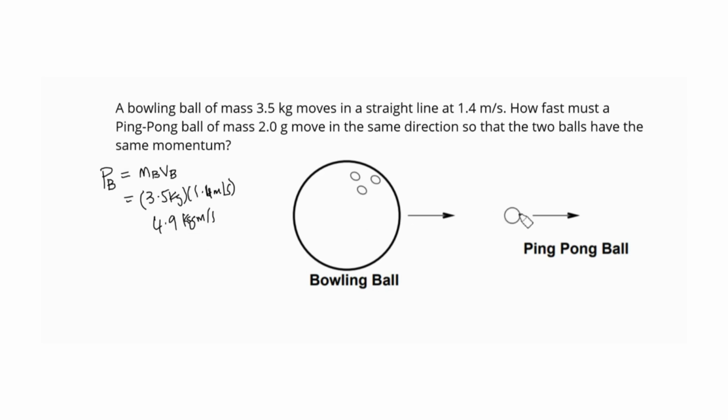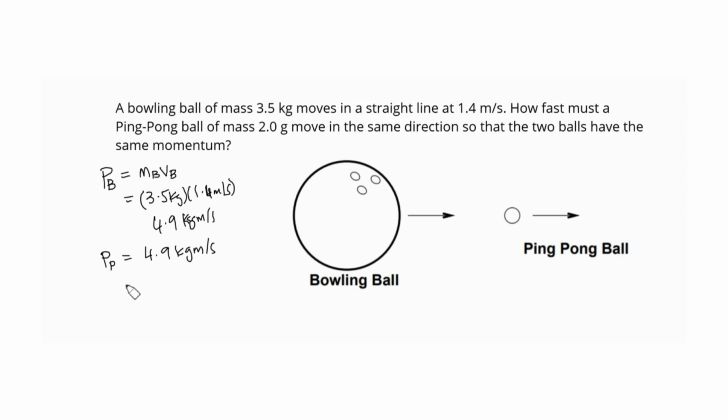Now we want our little ping pong ball to have that same momentum. So we want the momentum of the ping pong ball, I'll call it p_P, to also equal 4.9 kg·m/s.